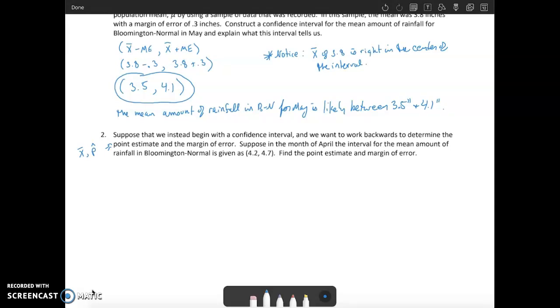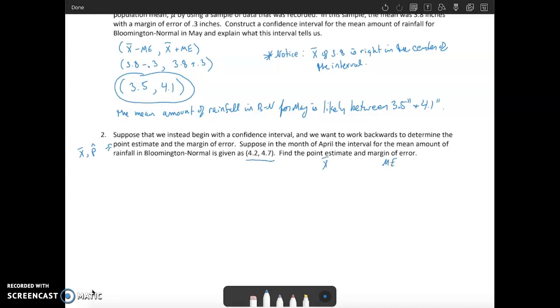Someone already created it and presents it to us for the mean amount of rainfall in Bloomington Normal as between 4.2 and 4.7.